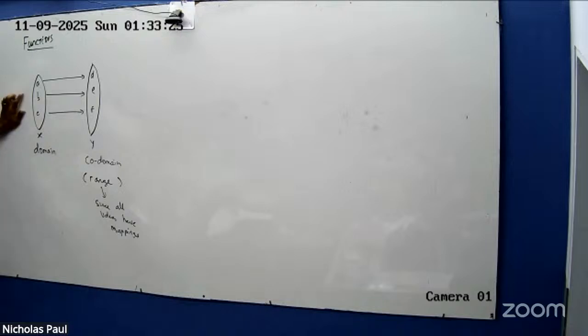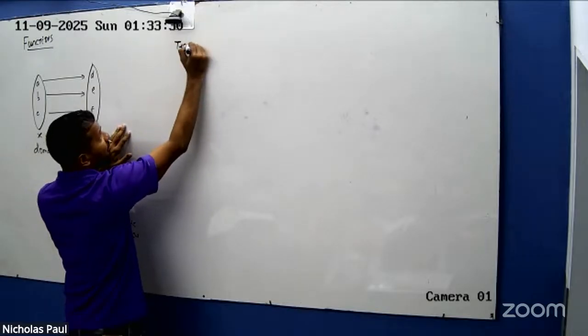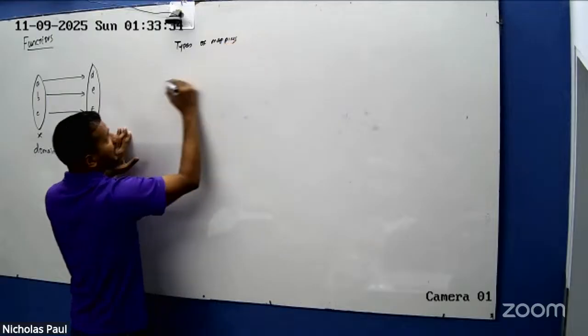What type of mapping is this though? So we have different types of mappings. I'm going to draw 4, and tell me if you can name all 4.